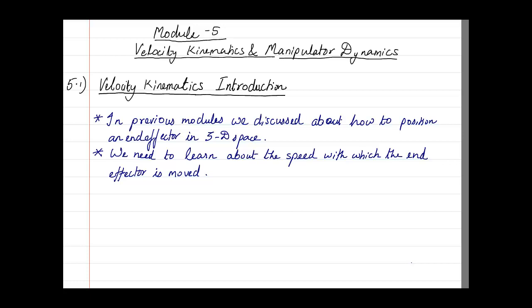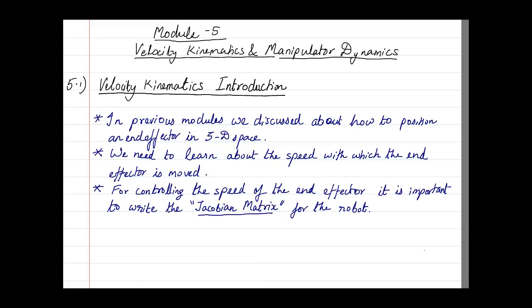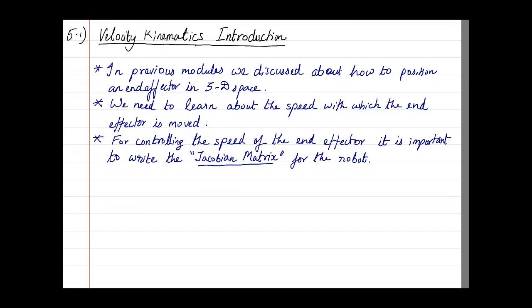For that also the Jacobian matrix is helpful. So the next point is about the Jacobian matrix. For controlling the speed of the end effector, it is important to write the Jacobian matrix for the robot.